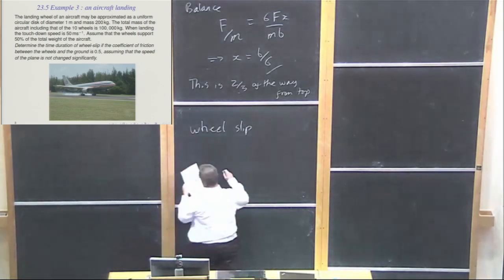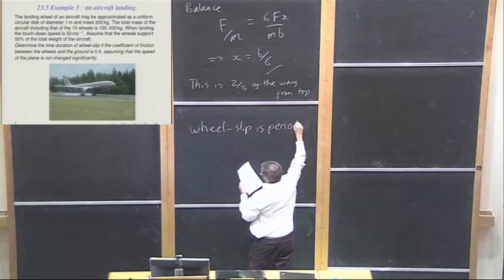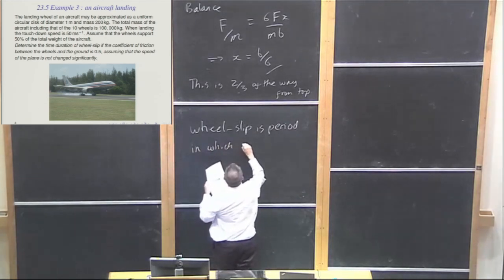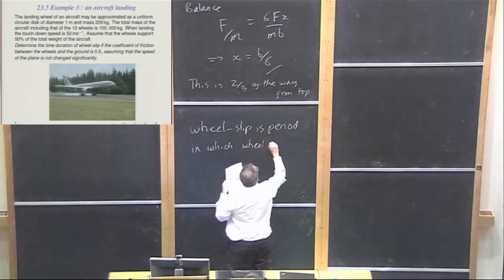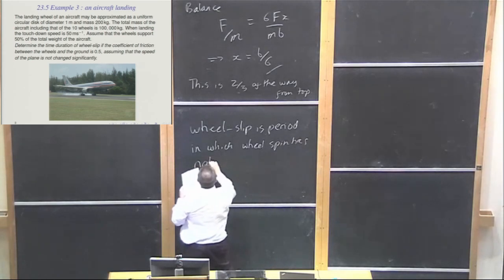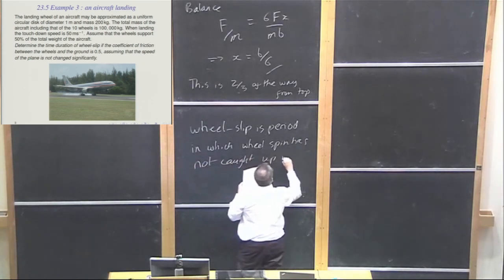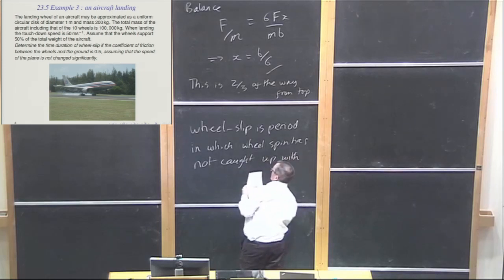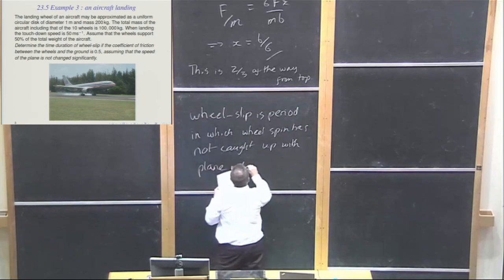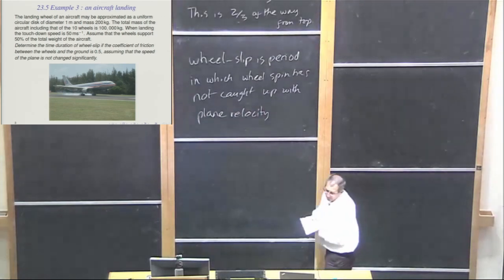Okay, so the wheel slip is the period in which the wheel spin has not caught up with the plane velocity. Okay, so I hope we understand what's going on, and now we can try and tackle the problem.